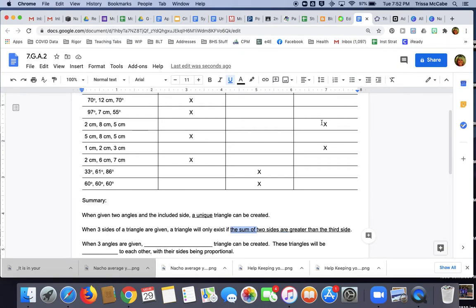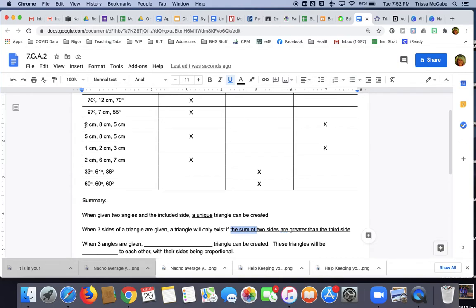Let's look at the one that does not work just to test it out. So 2 plus 8 is 10. 10 is greater than 5. So that stipulation worked. Let's look at another combination. 8 plus 5 is 13. 13 is greater than 2. So that works.